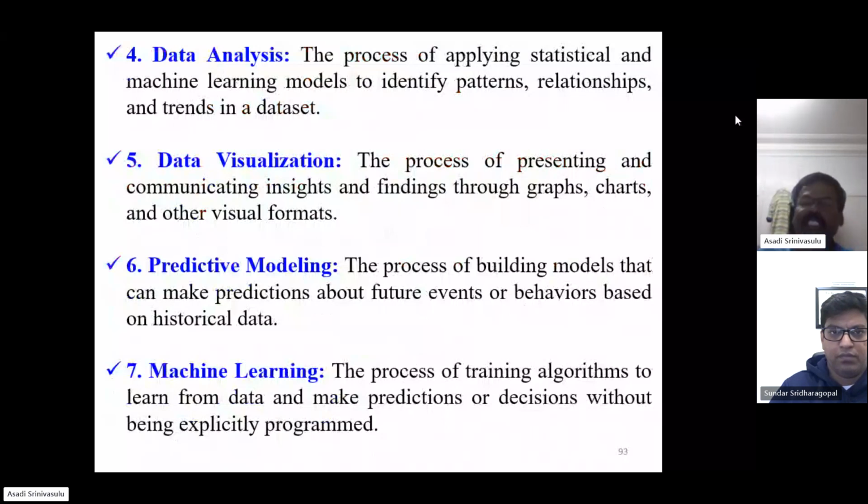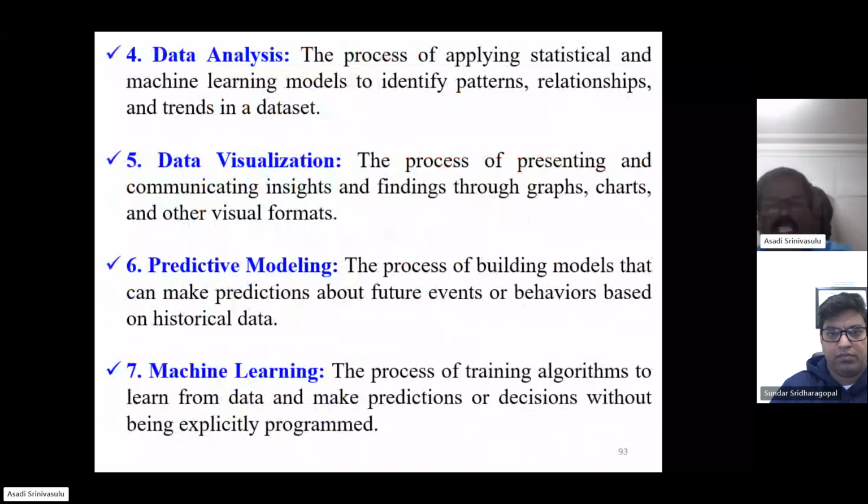Then data visualization, with the help of ggplot, matplotlib, Power BI, Tableau, we are presenting and communicating insights and findings through graphs, charts, and other visual formats. Predictive modeling: we are using various regression techniques to build models that can make predictions about future events and behaviors based on historical data, legacy data, old data.